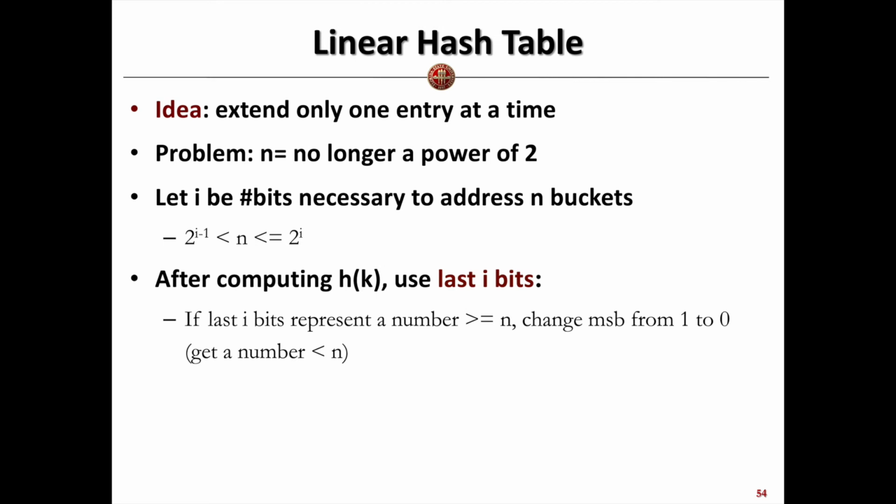However, the number of buckets will no longer be a power of 2. Let's assume we use i bits for defining the hash function, and the number of buckets we can create based on the first i bits will be in the range from 2 to the i minus 1 up to 2 to the i. You can see the difference, right?